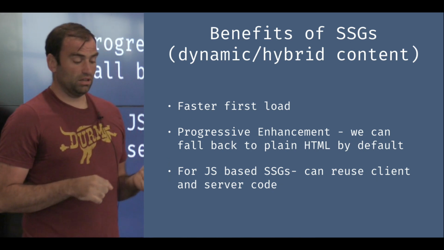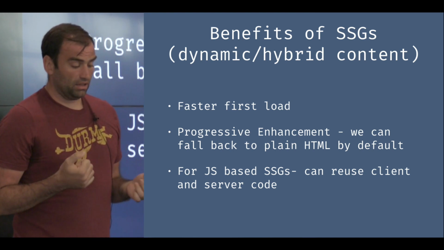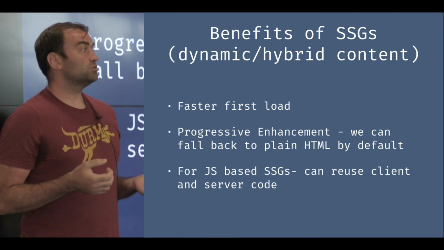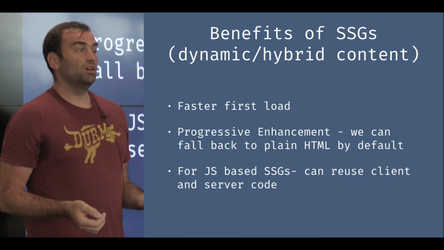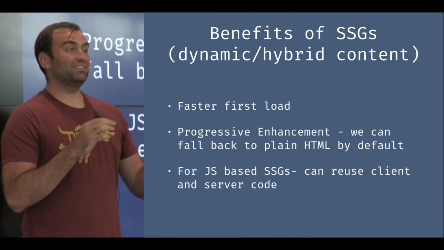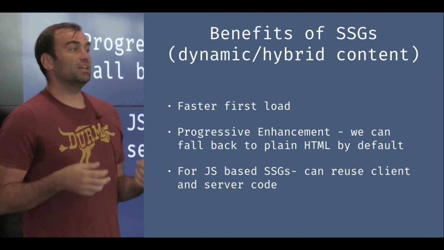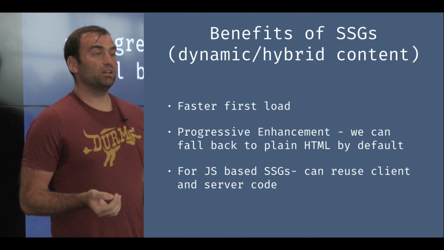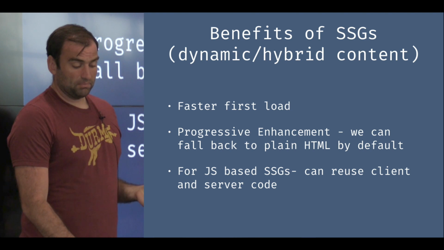With dynamic content, you get the first load faster, and for sites where it makes sense to have a fallback to plain HTML, which isn't everything. If you have a highly dynamic, interactive application, you might not be able to do anything with plain HTML, but in cases where you can have something for plain HTML, you get that for free, basically.